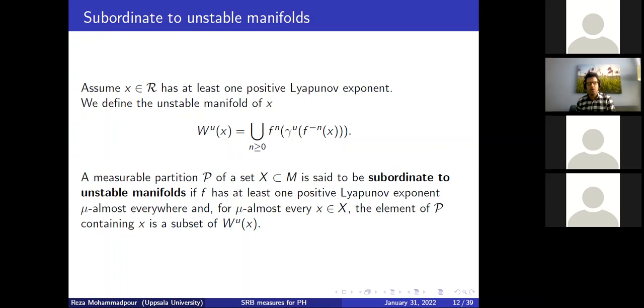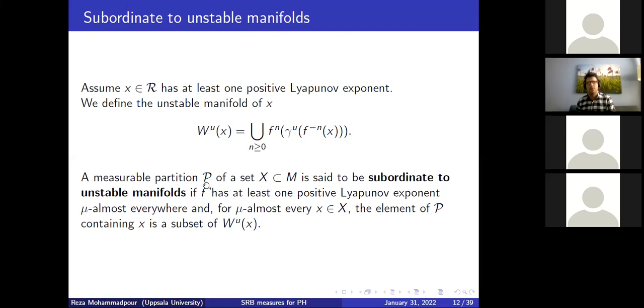Now consider a measurable partition P of the set X. By measurable partition I mean in the sense of the Rokhlin theorem, which says that a Borel probability measure has conditional measures with respect to a measurable partition.